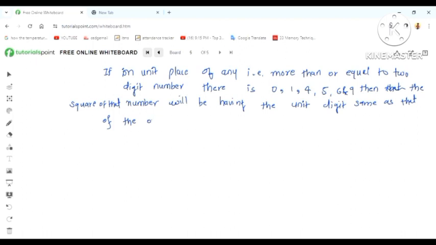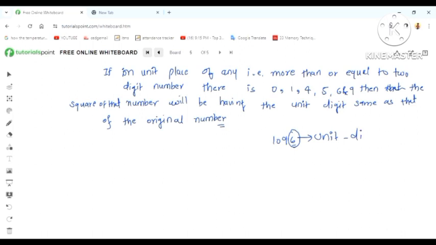So here we have observed that pattern. If any number, let's say it's a 4-digit number, and that 4-digit number is 1096, the unit digit is 6.